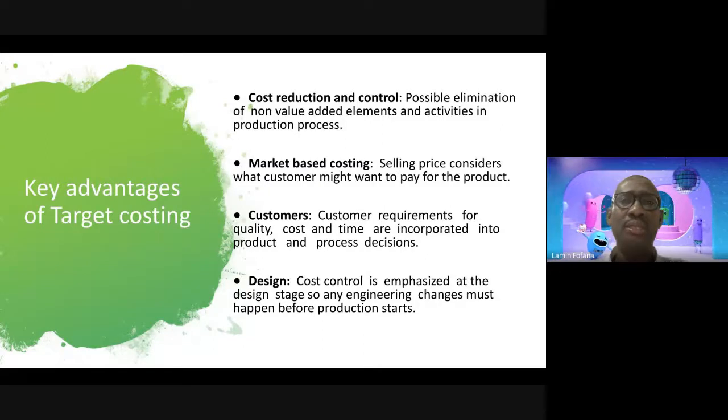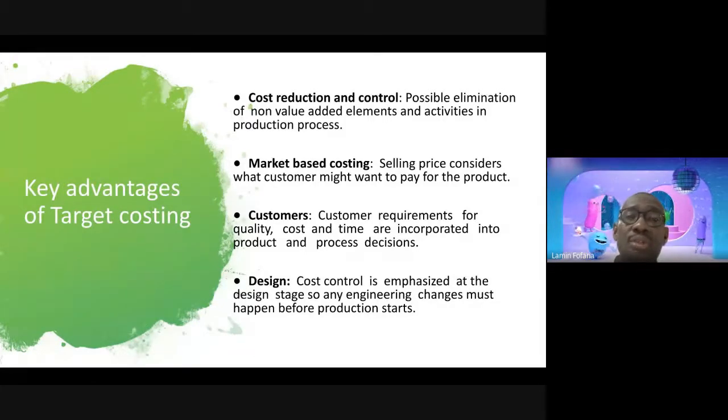Market-based costing. Selling price considers what customer might want to pay for the product. So your costing will depend on what prevails at the market, because your costing reflects your selling price. You start by determining your selling price and then ensuring that whatever target cost you produce is based on the selling price.